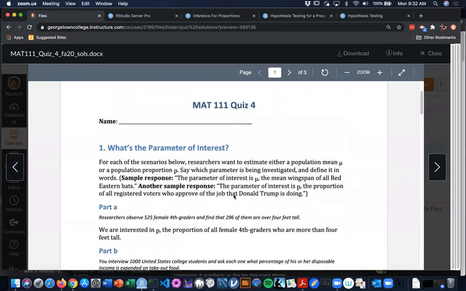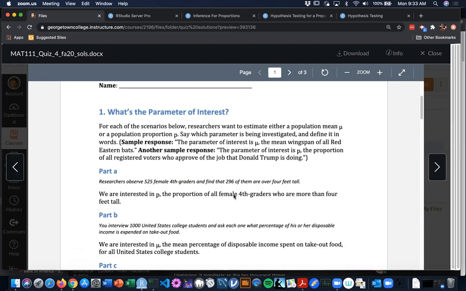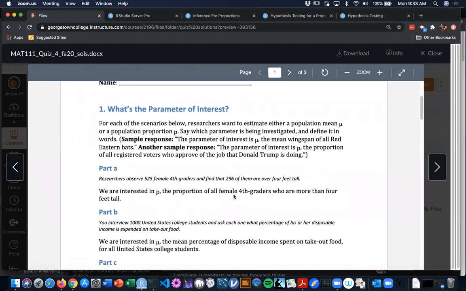So this quiz had 10 question parts, and each of them was worth 10 points for a 100-point quiz. So the first 3 were practice in identifying a parameter of interest from a given scenario. Please pay attention to all the directions I give you.